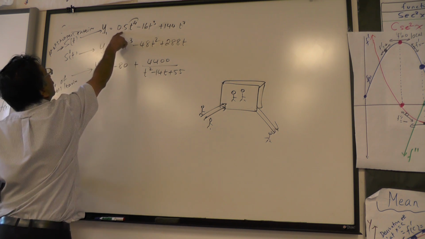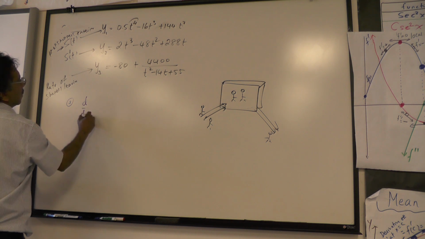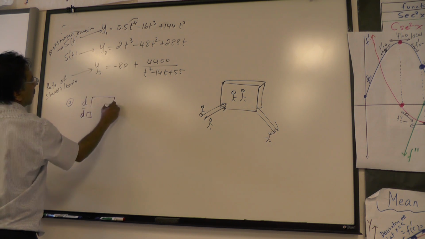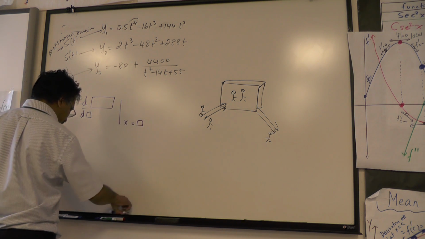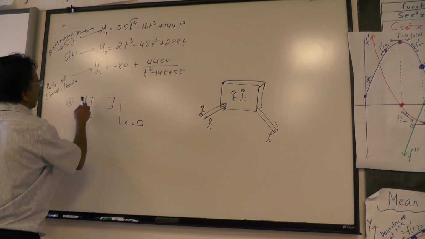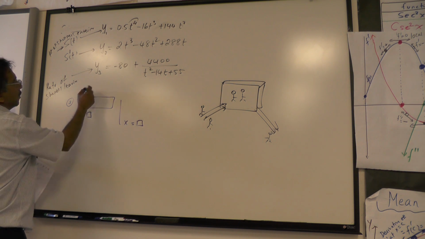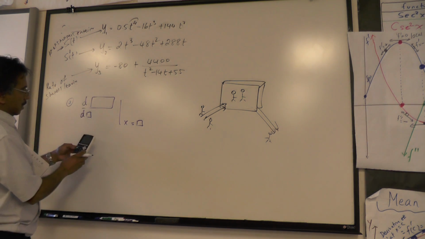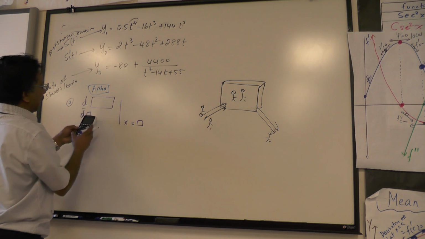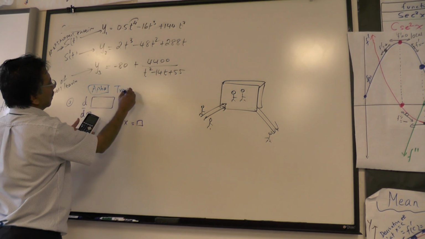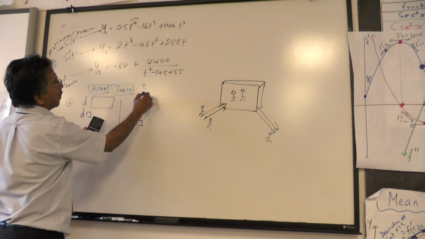Or you could use this one and write it like this. On your calculator mode, there is d by d box, and then there's a box x equals n box. So what you can do is click alpha, then click on the trace, and you will see y1, y2, y3.